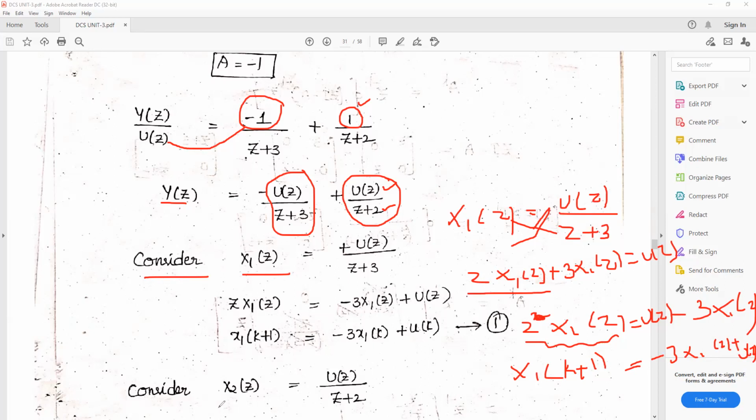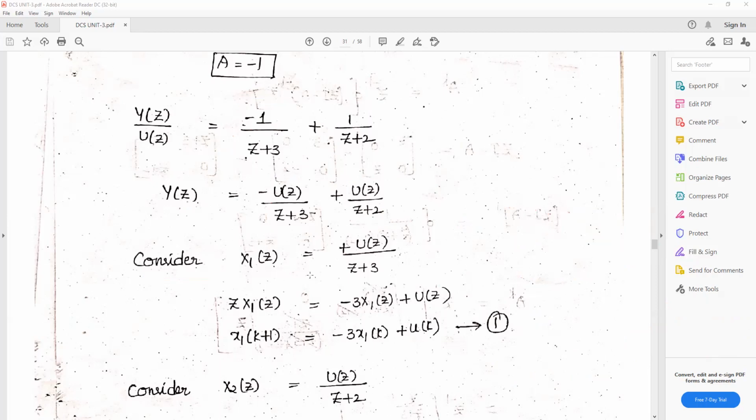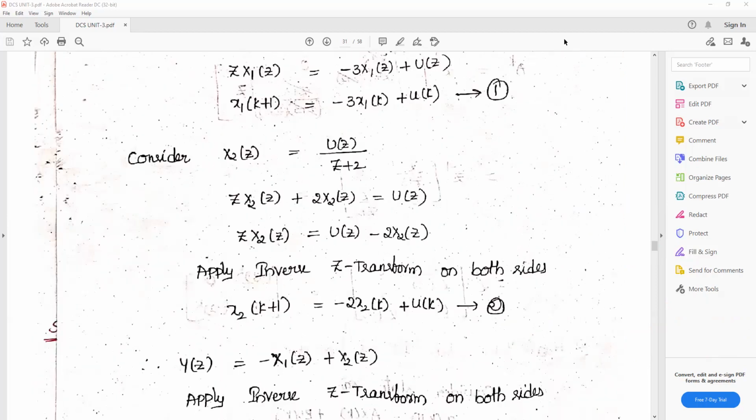And the considered X2 of z. So this is the state model. First X1 of k plus 1, the first state variable, and the second one, X2 of z, is equal to U of z by z plus 2.